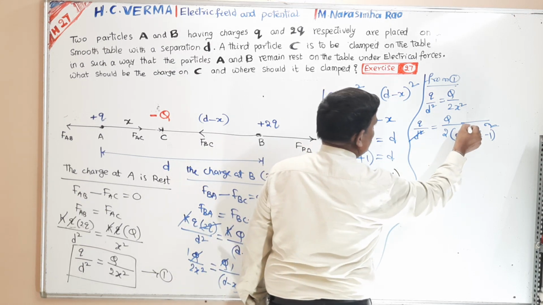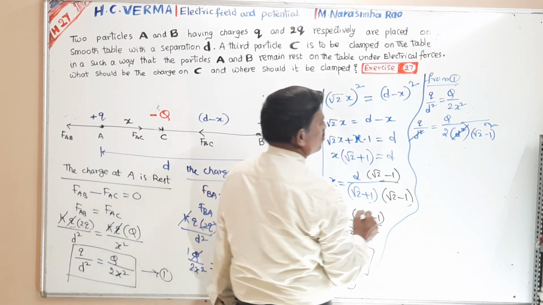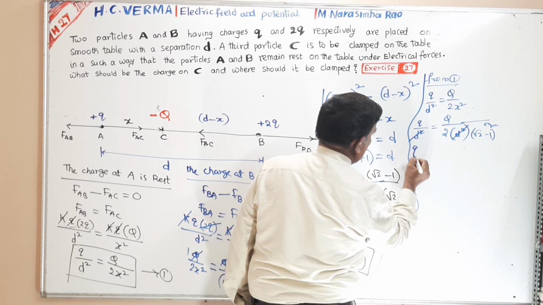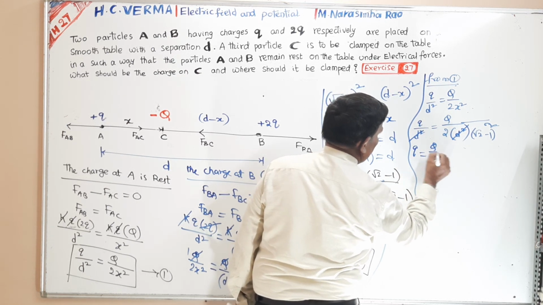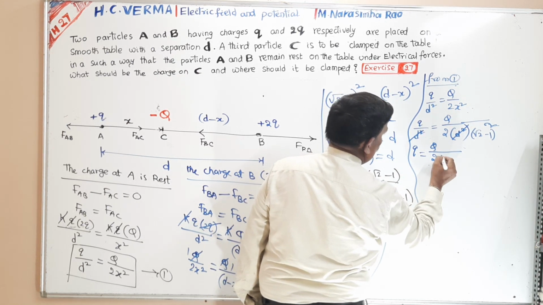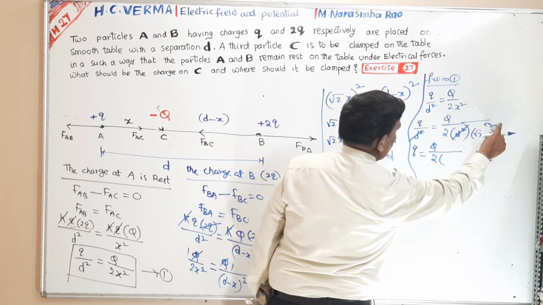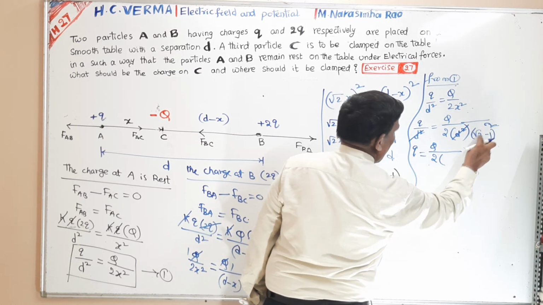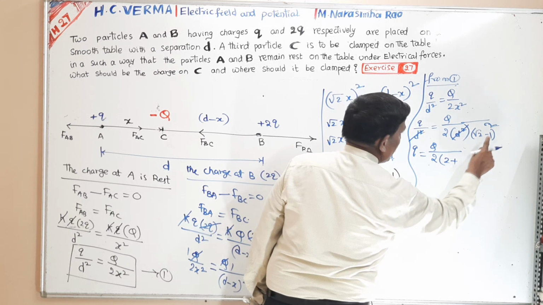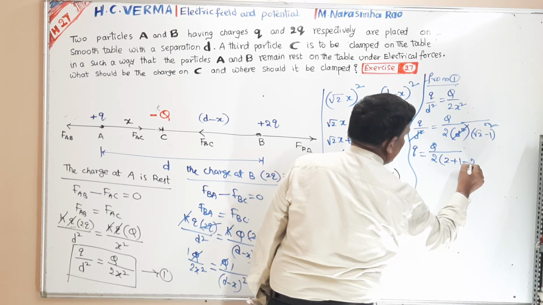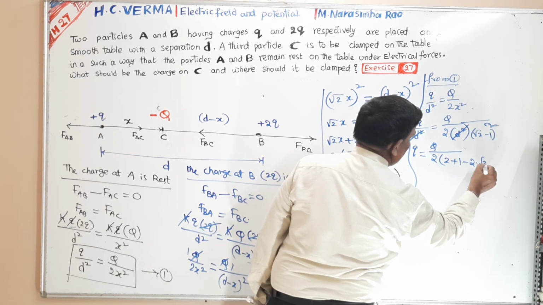Now D square cancelled. Small q is equal to capital Q by 2 into root 2 minus 1 whole square, which is a square plus b square minus 2ab.